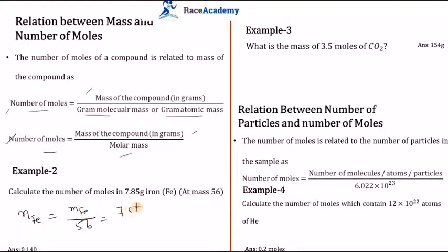So 7.85 grams by 56. If you go for the calculation, you will get 0.140 as the answer. So this is the way of calculating the number of moles of a substance when the mass and atomic mass are given to us.